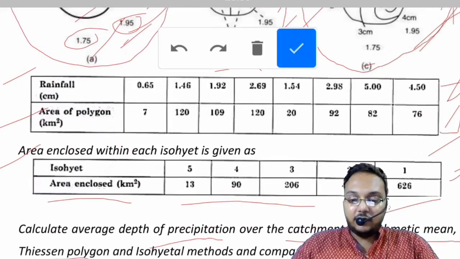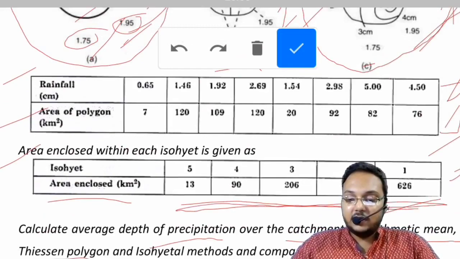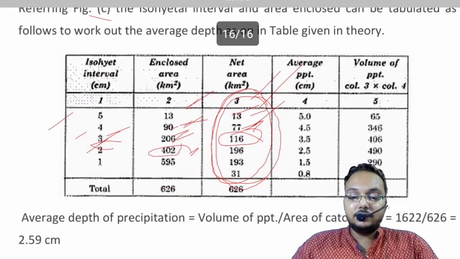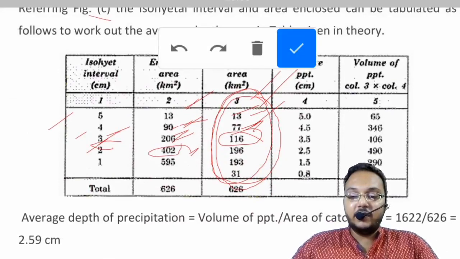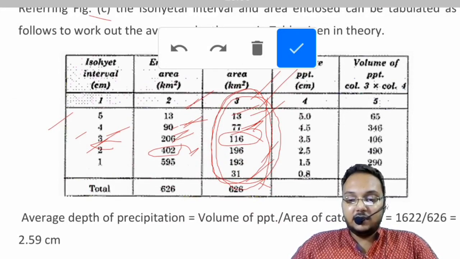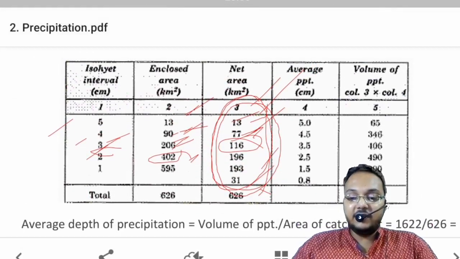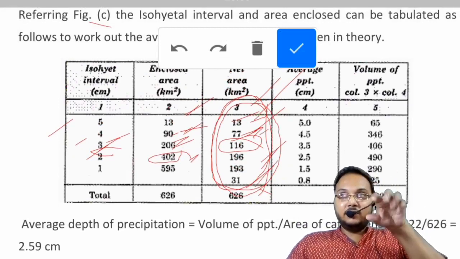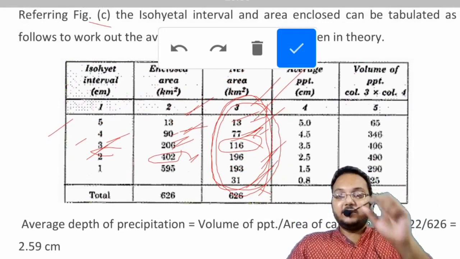The area enclosed is given in cumulative form, so you can do the cumulative subtraction and get the values like this. This gives us the area of each particular spot that is enclosed by those isohyets.